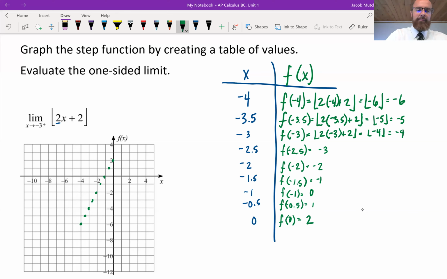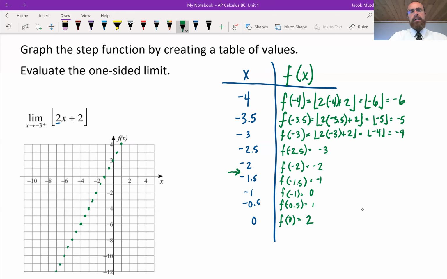I could continue that pattern, just kind of noting how it looks geometrically, and continue down here. The question is, how do I fill in the steps for the function? So since we're really interested in what's happening around -2, what I want to calculate is something in between -2 and -1.5.